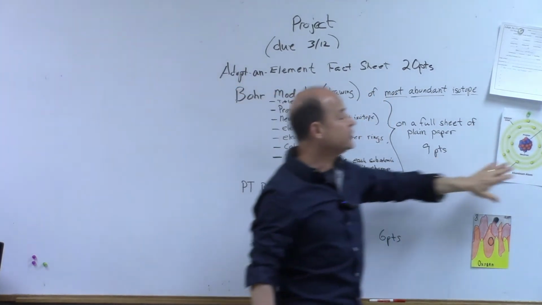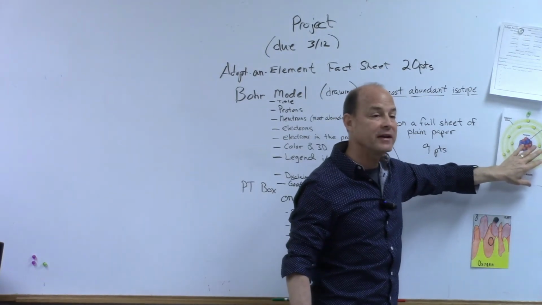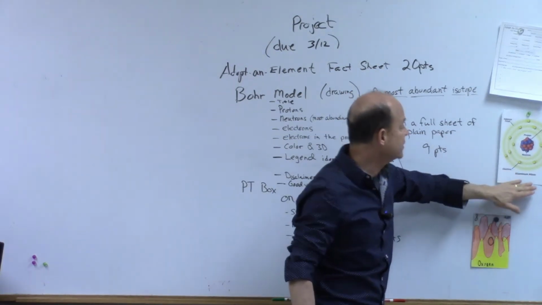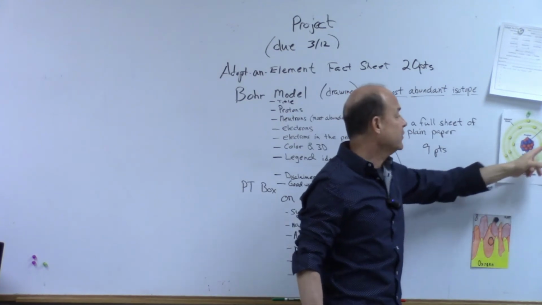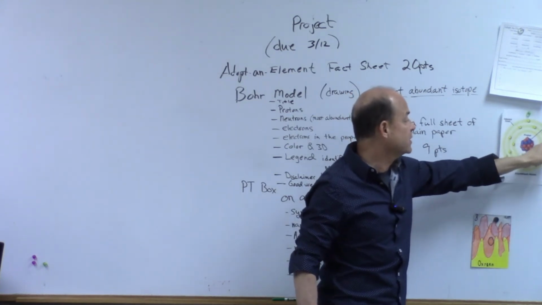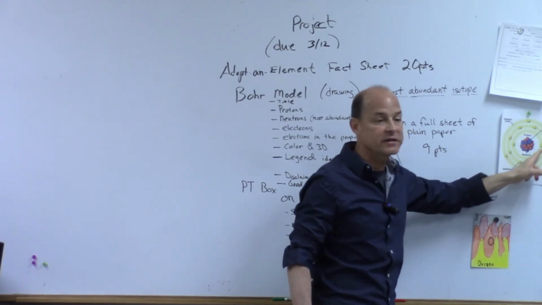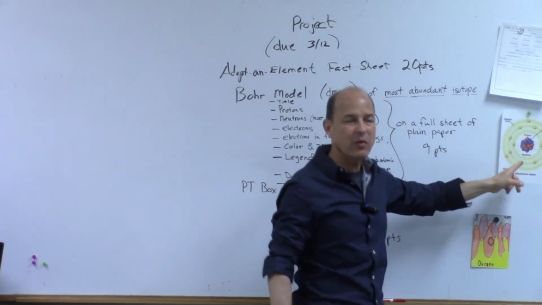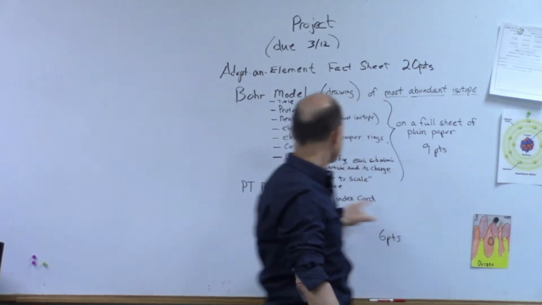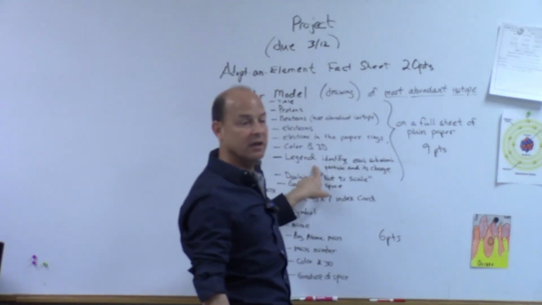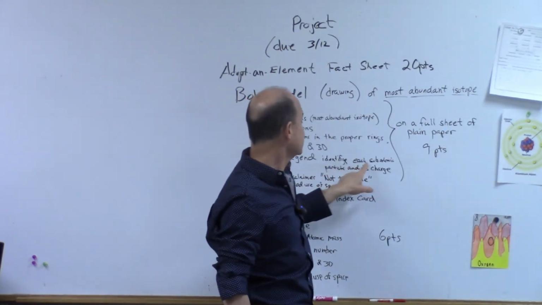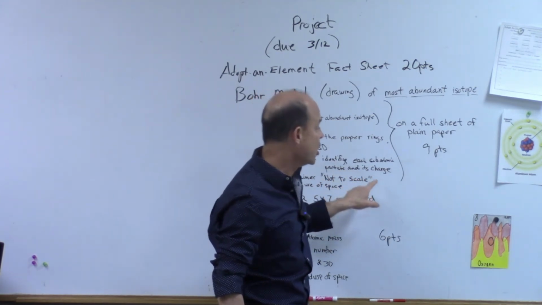Bohr model. This is kind of what I want, but not exactly. I think the only thing that's missing is this one has annotations in the form of call-outs, arrows pointing to the various things. Well, you could do this, but what I ask for is a legend identifying each subatomic particle and its charge.